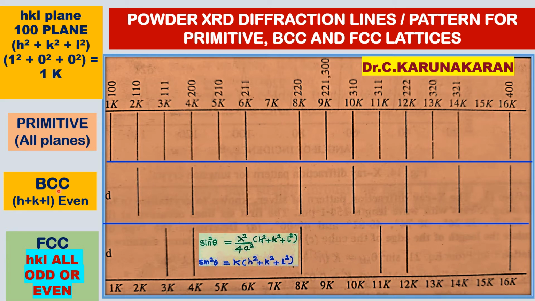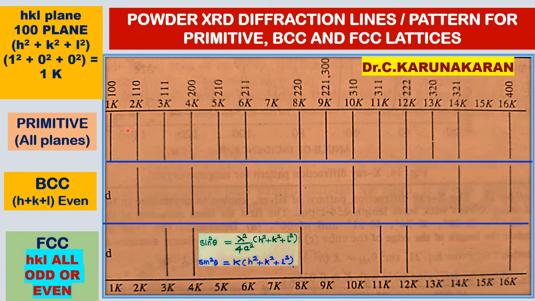Okay. For BCC lattice, h plus k plus l values even only are present. So for example, 1 plus 1, 2; 2 plus 0, therefore even. So 2k, 4k, 6k, 8k are present.